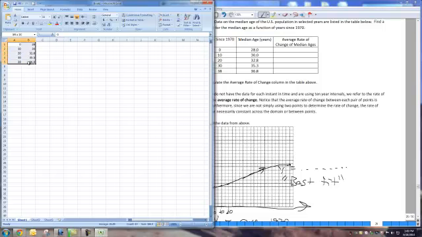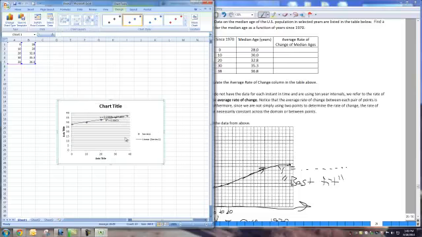Then what you do is you highlight your two columns. You go to Insert, Scatter, right here, Scatter only with markers. So we only want to scatter with markers. Then you need to come down and choose Layout 9.